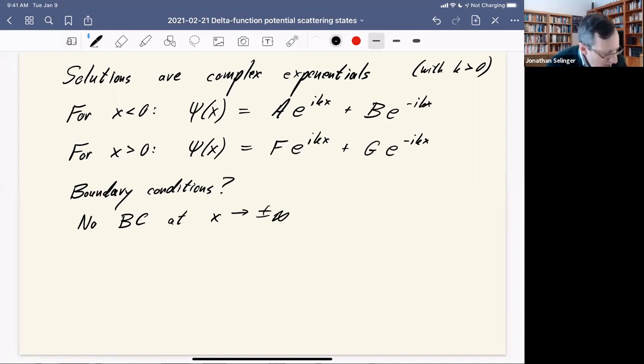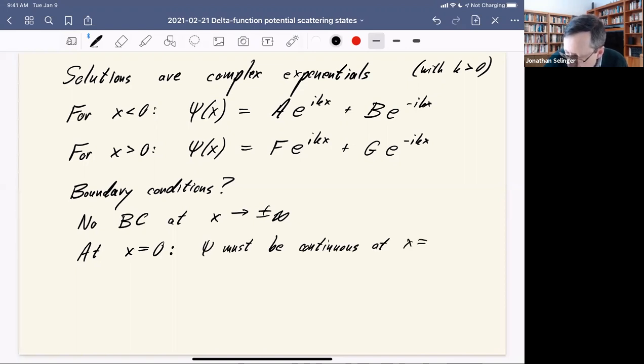Now, what about at x equals 0? That's the place where we need to join these two solutions. You remember that one requirement from last week was that psi must be continuous at x equals 0.